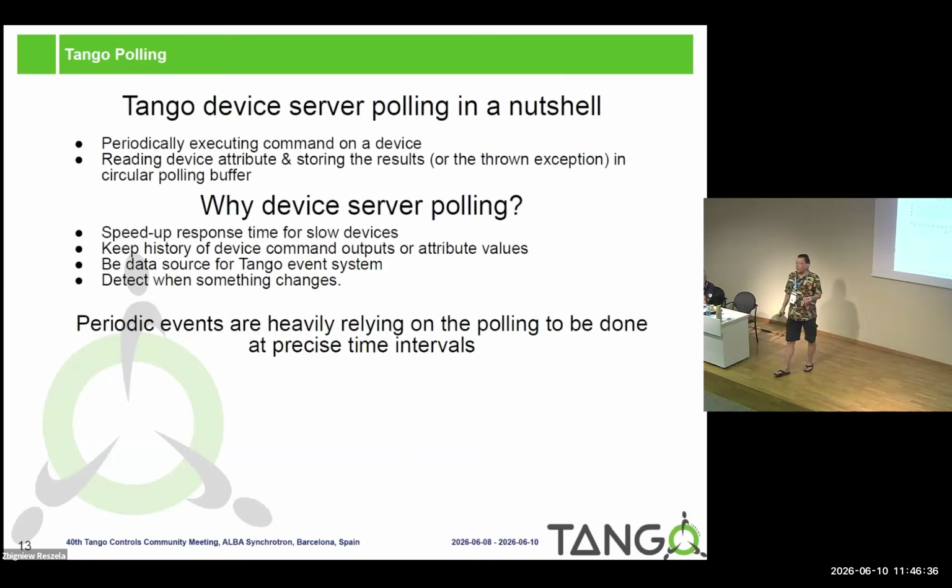So, if I suddenly find out that my commercial device doesn't cut the cake because it's too slow, it can't sustain certain rates, I have a problem, right? If I can't make it work faster, well, so the device server polling loop can be a problem, doesn't have to be.